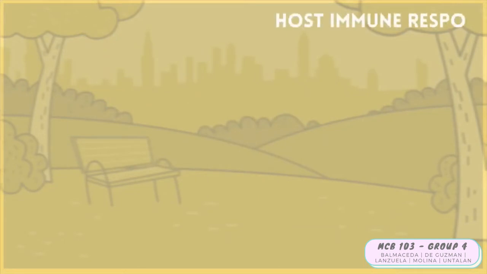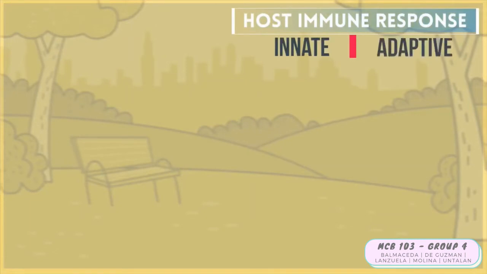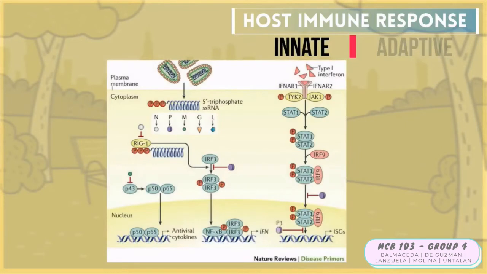The host immune response against rabies virus infection involves both the innate immune response and the adaptive immune response. Moving on to the innate immune response, its components are the following.